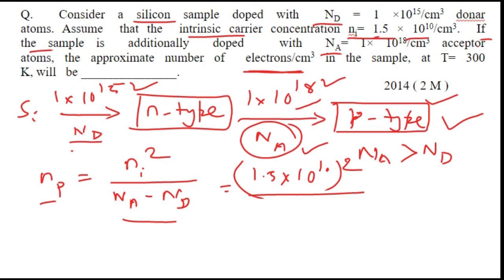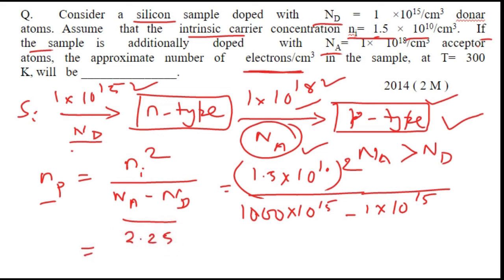To subtract this, we need to make the powers the same. So for Na we can write it in terms of 10 to the power 15. So it will become 1000 into 10 to the power 15 minus 1 into 10 to the power 15, the donor impurity. So by simplification we will get 2.25 into 10 to the power 20 divided by, taking 10 to the power 15 common, 1000 minus 1, that is 999.